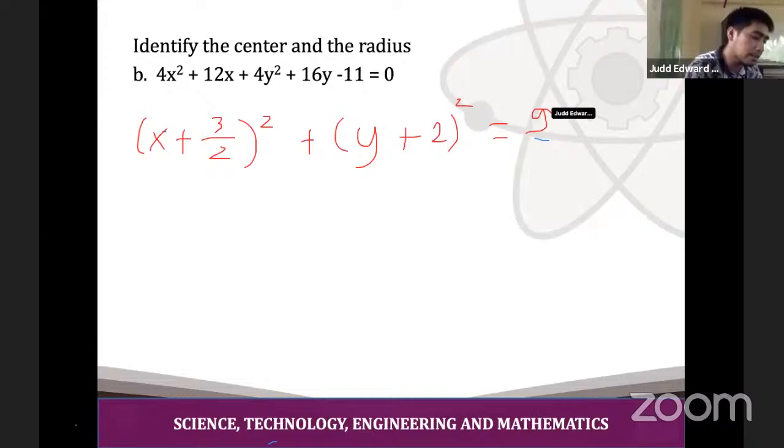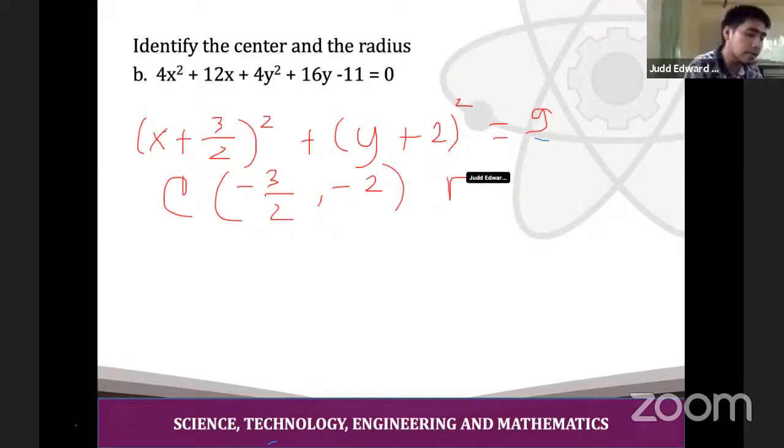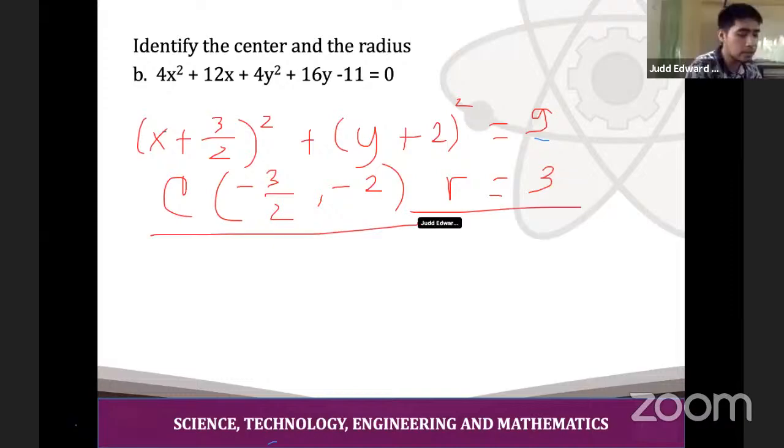Therefore, where is the center? The center is located at negative 3/2, negative 2, and the radius is 3 units. Okay, so the radius is 3 units. Questions?